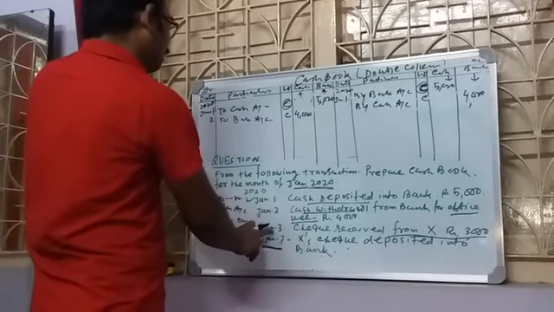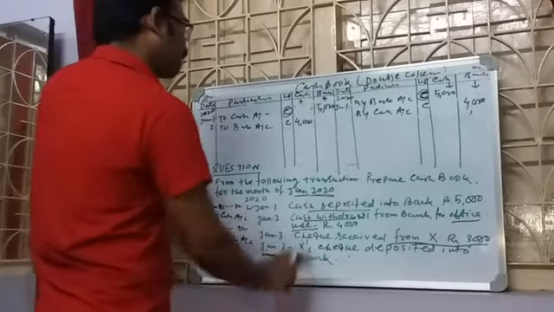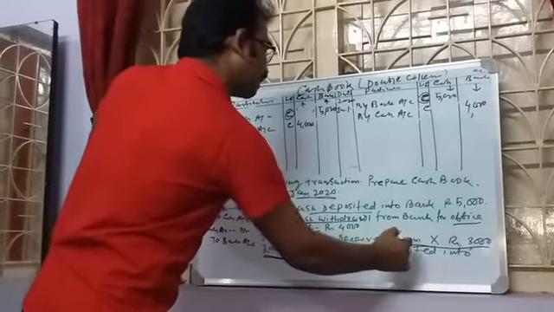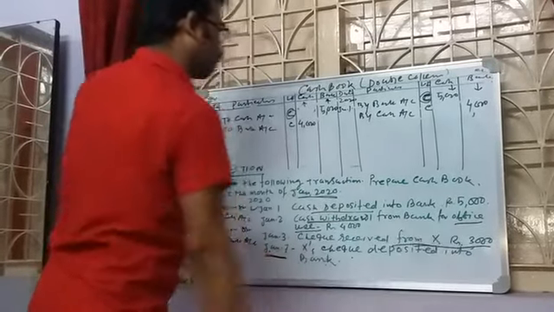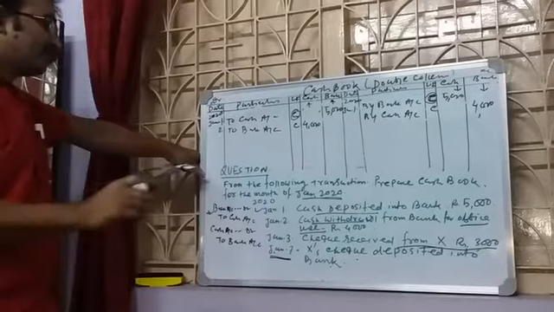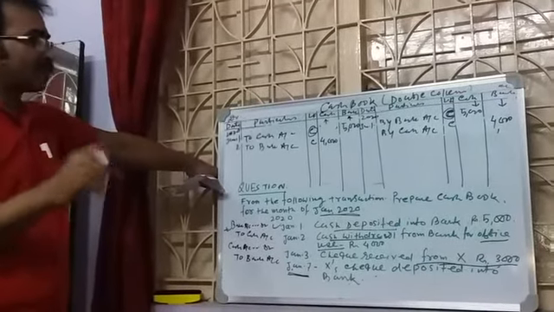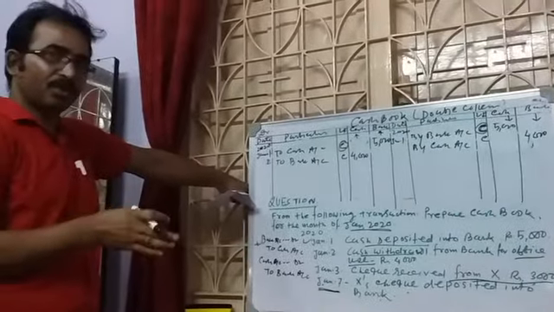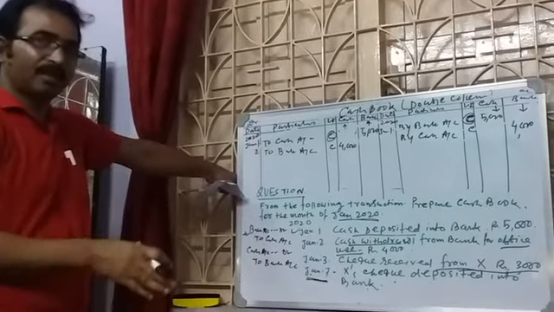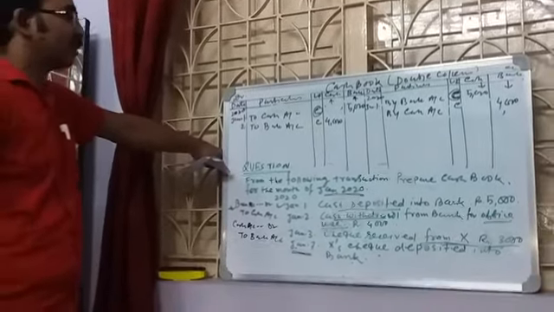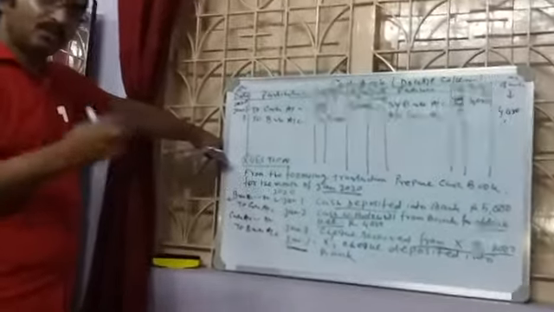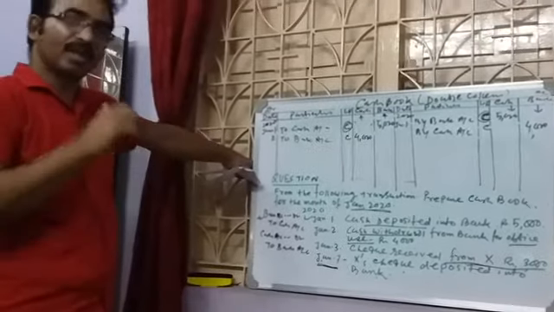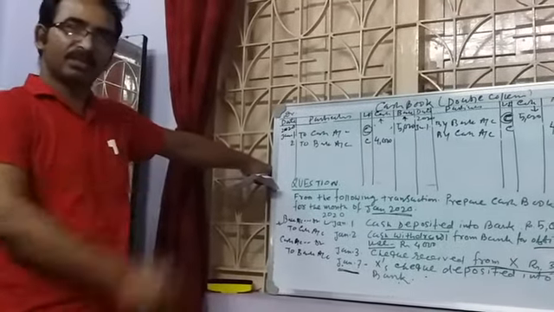Now Jan 3. Check received from X, rupees 3,000. If I receive a check from X for 3,000 and it is not possible to deposit the check into the bank for any reason, assume that you are keeping 3,000 rupees in your cash wallet. So your cash balance will increase.